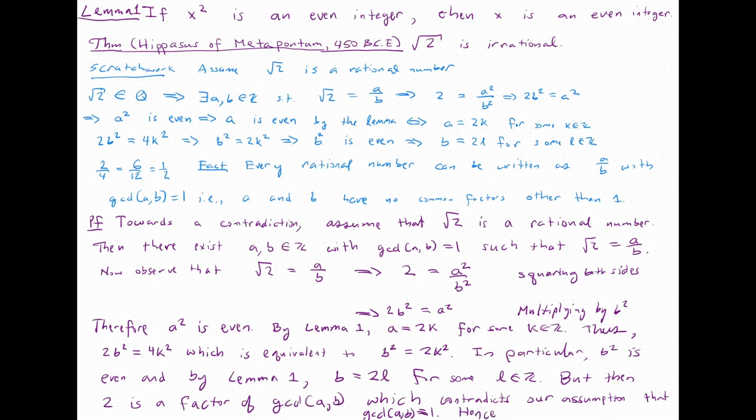Hence, the square root of 2 is irrational. And so we are done. So we have now completed the proof.